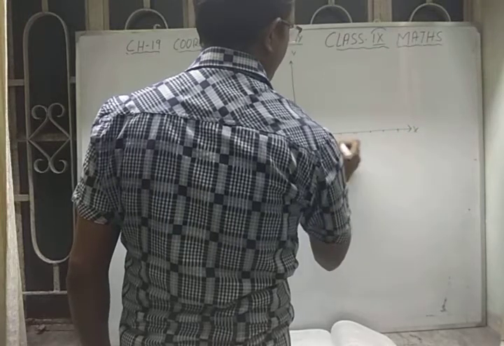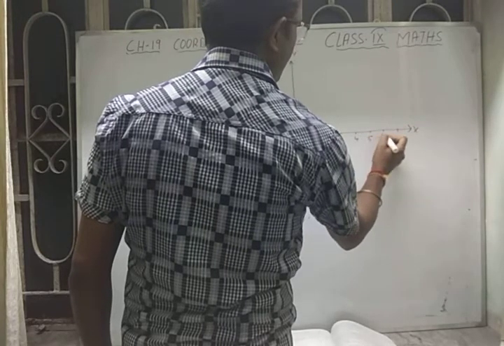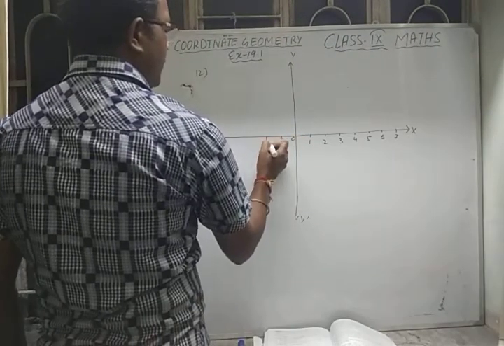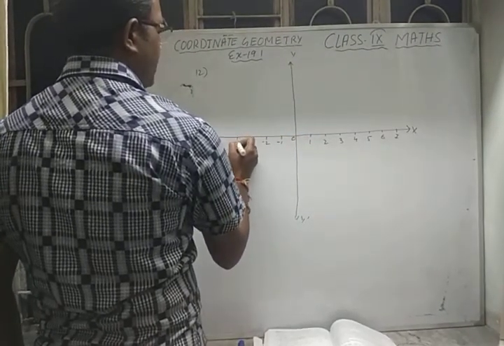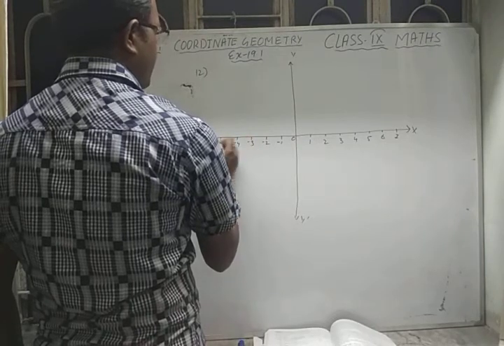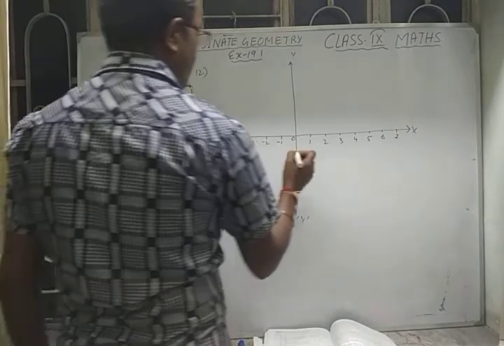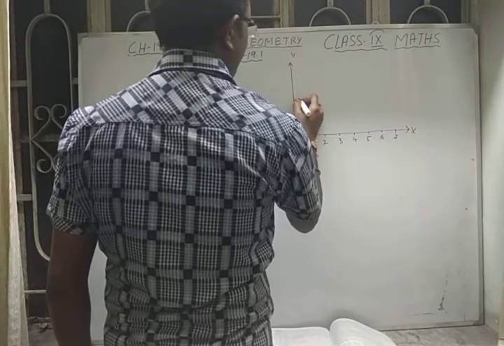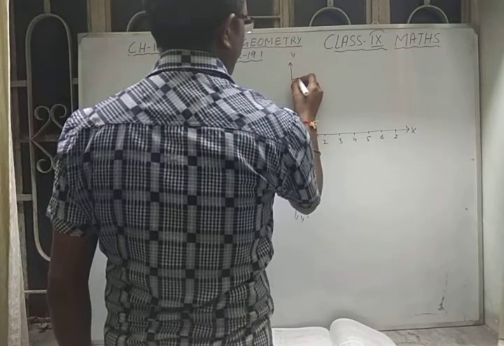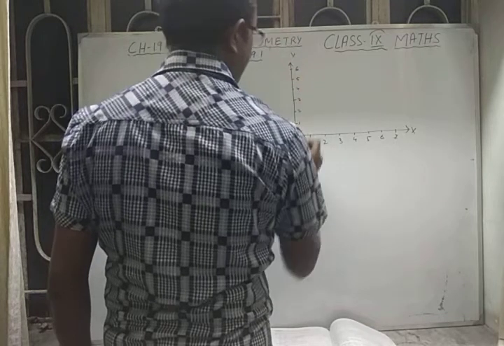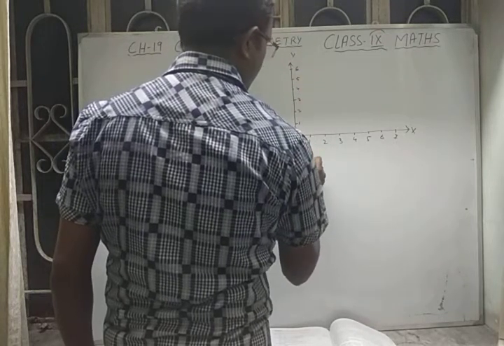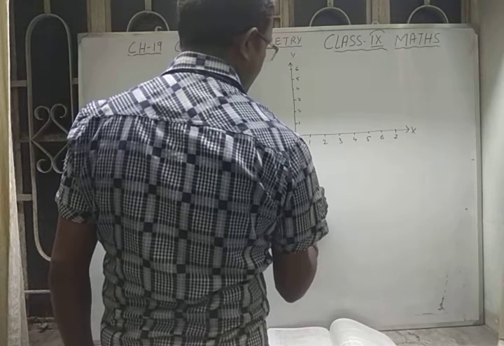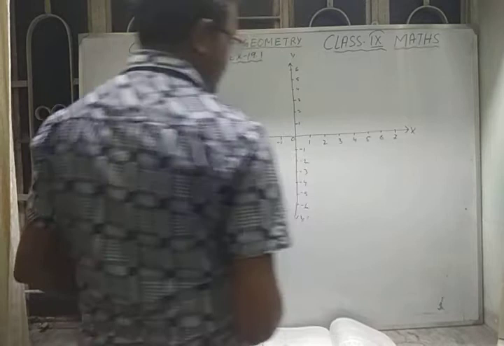Similarly on the left-hand side, -1, -2, -3, -4, -5, -6. Similarly here also 1, 2, 3, 4, 5, 6, and again -1, -2, -3, -4, -5, -6, like this.